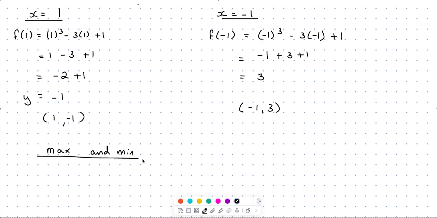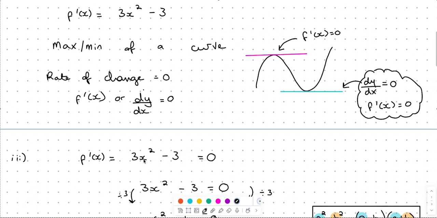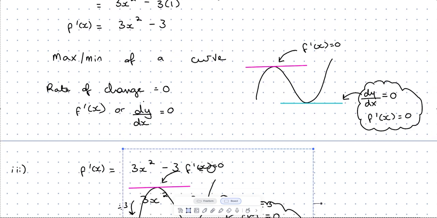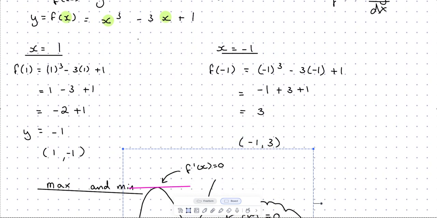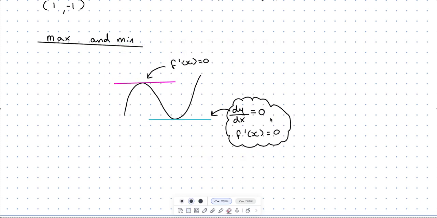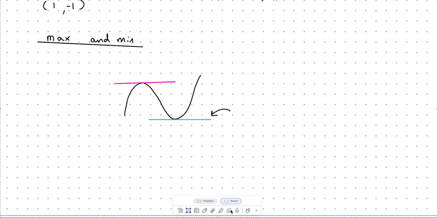Well, let me go back up and get my graph here, because I'm going to use this again. So we know that for starters, at both the maximum and the minimum, the first derivative is equal to 0. But what if I started to talk about the second derivative? So that's what we actually need when we talk about which is the max and which is the minimum.